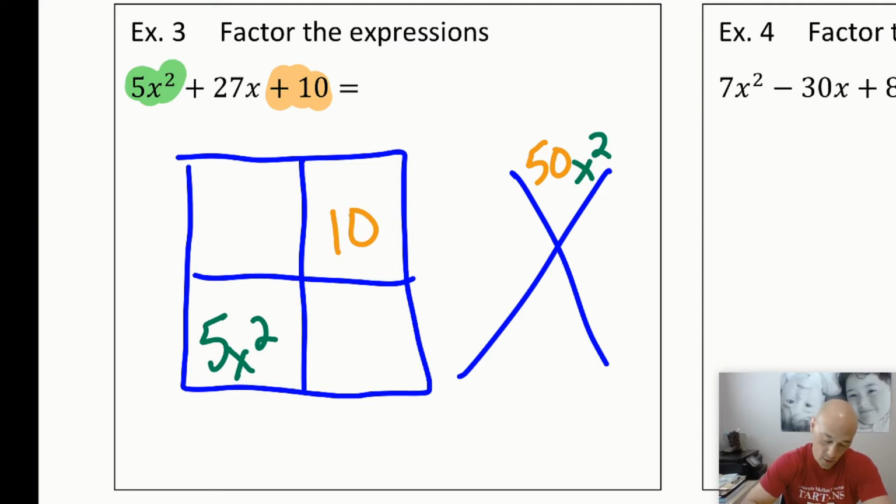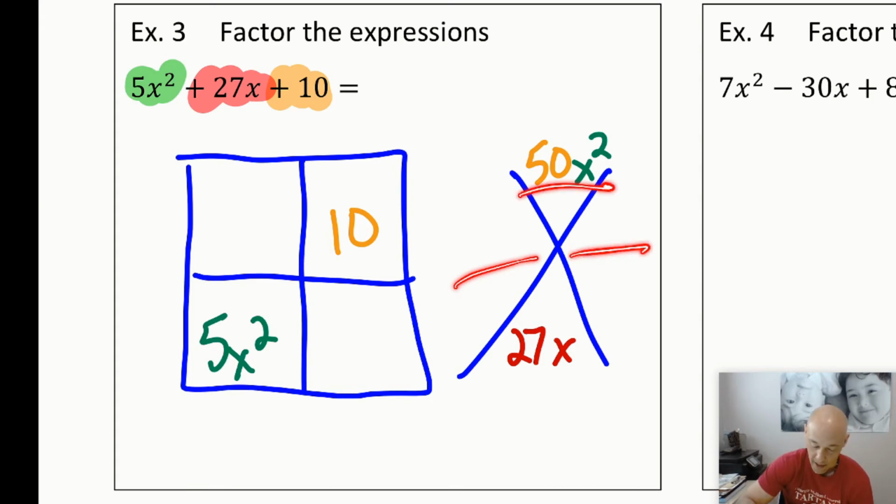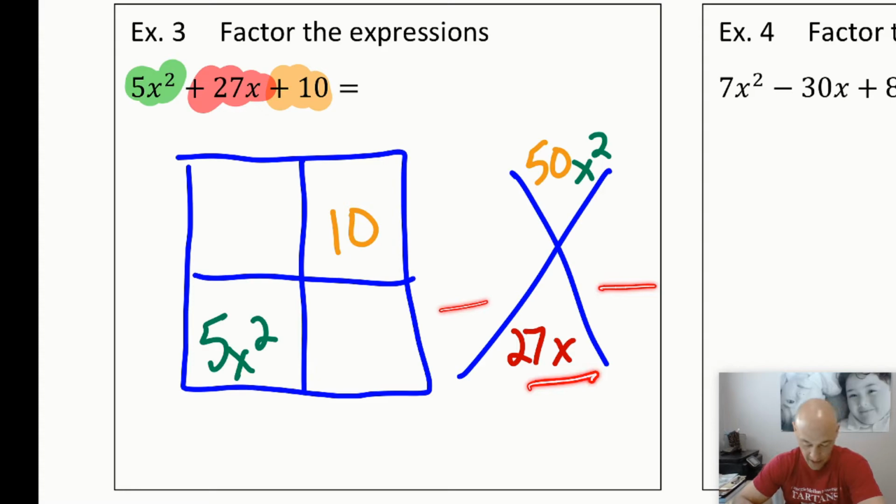And now we need to bring the x term and put that in the bottom of the diamond. This is one of the reasons why these become harder, because with these bigger numbers, it makes it harder to find the factors. The two numbers here multiply together to give me 50x squared and add together to give me 27x.